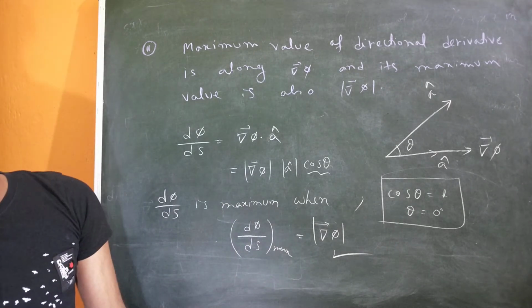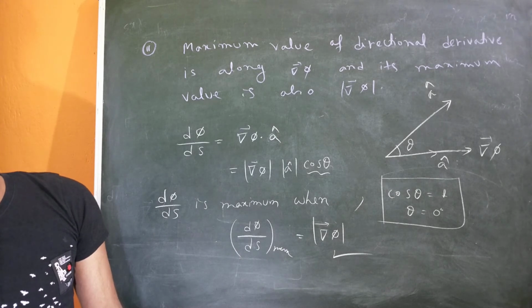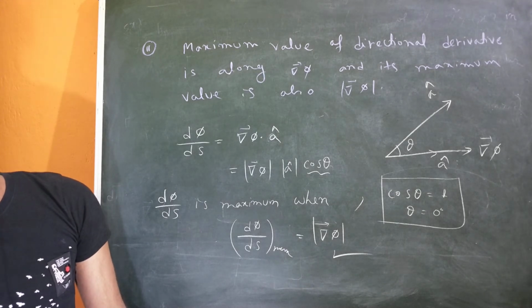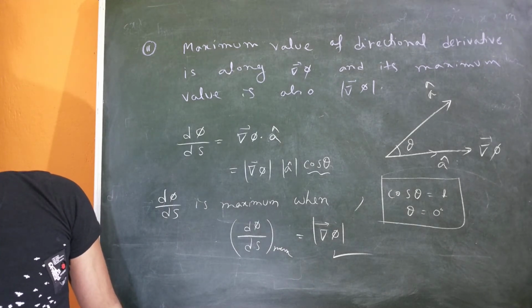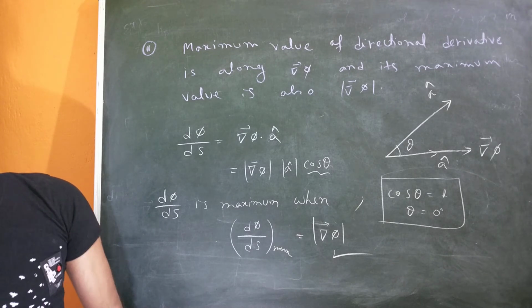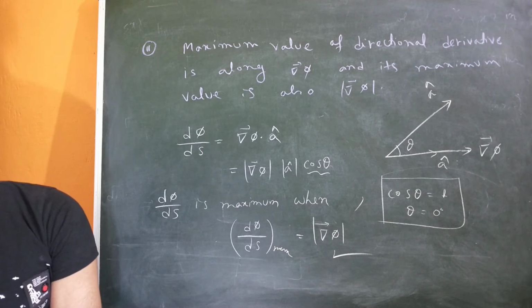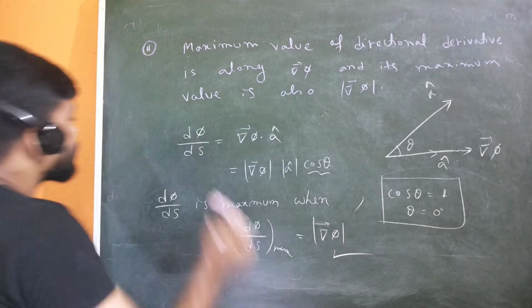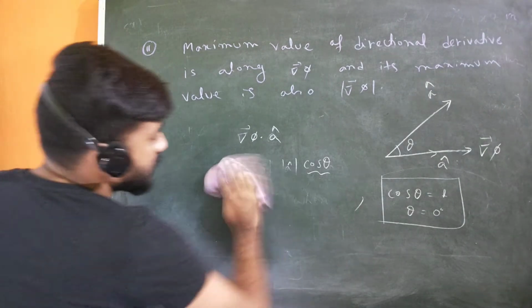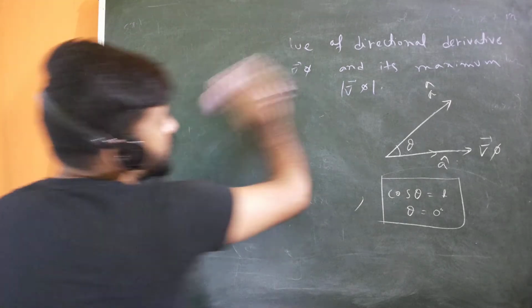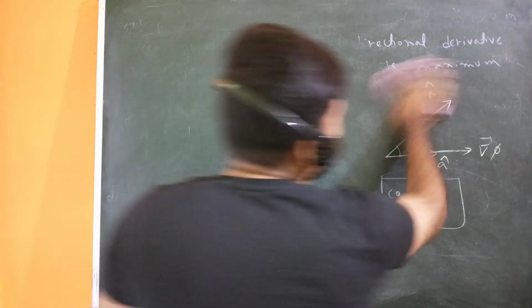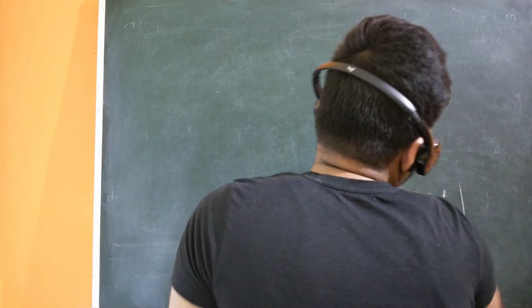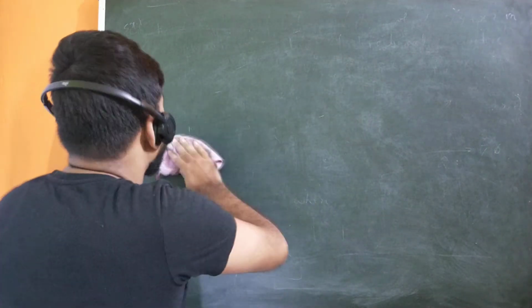Now we have to solve some problems based on these properties. So let me take a problem such that you can understand this thing. I will give you one or two problems, then you have to practice more and more problems from any book.